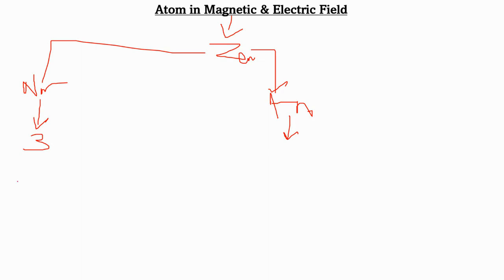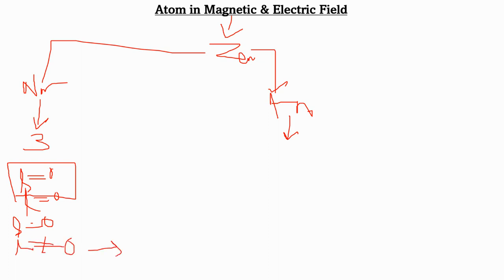For the normal Zeeman effect, the state had S equal to 0, and L non-zero. Only one of them is non-zero, so there is no LS interaction.